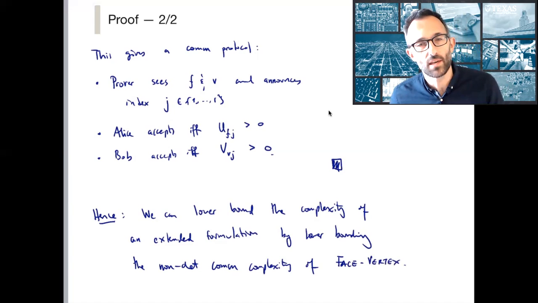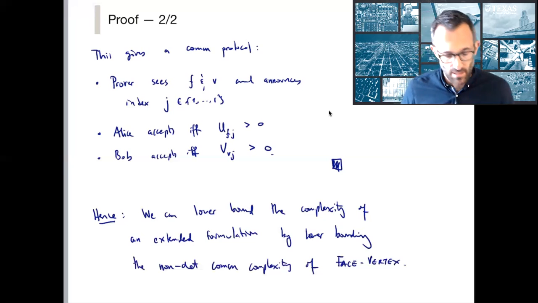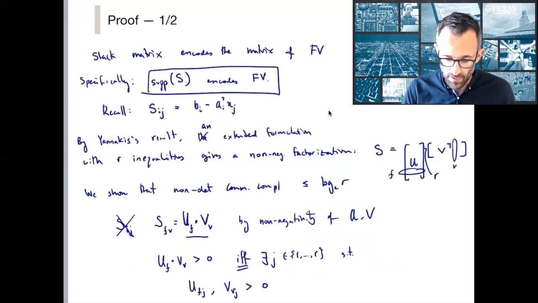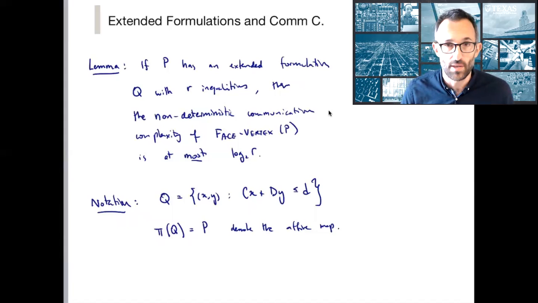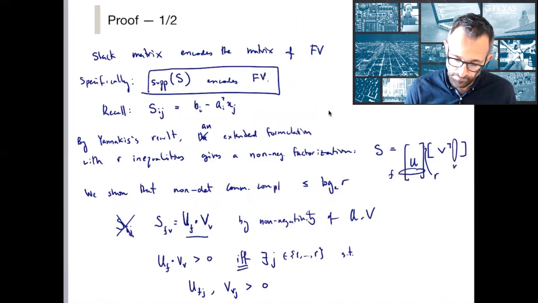Now, it's instructive to give a different proof that doesn't directly use the slack matrix. Both of these approaches have been used. In fact, in the subsequent lectures when we talk about lower bounding the extension complexity of the correlation polytope, we're going to use a technique that doesn't go through the non-negative rank, as this proof did, but uses communication complexity in a different way, and it will use something very close to the alternative proof of this lemma that I'm going to give.